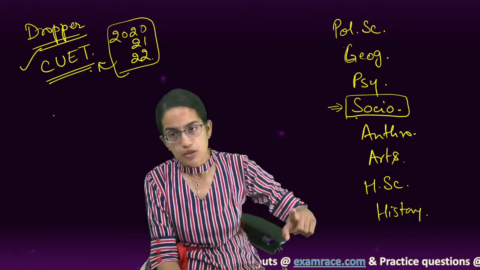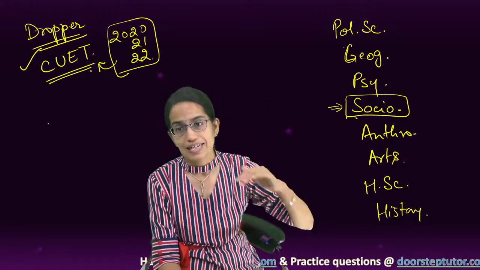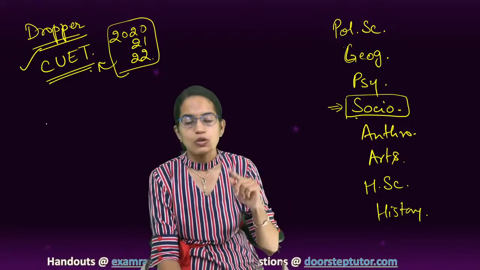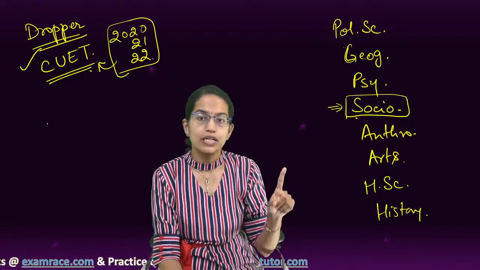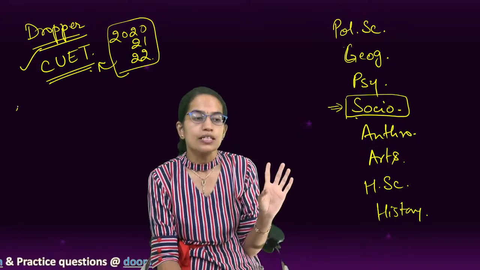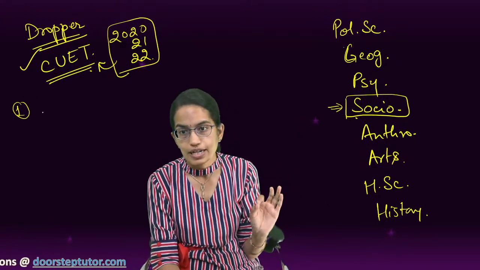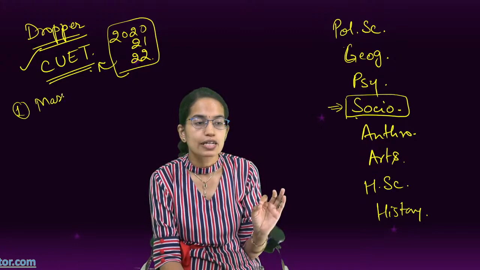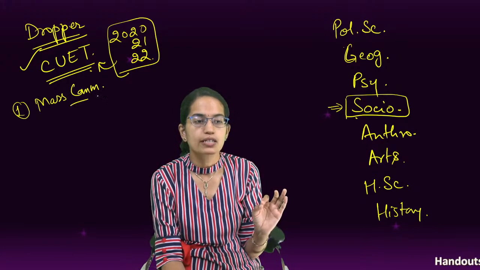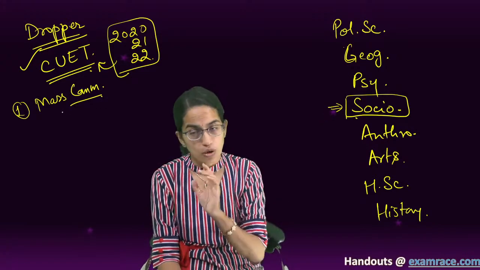And each of the universities would define their criteria. Let's say a university wants to take in a student in mass communication, then the university can lay down the guidelines that we require at least a student who has qualified the domain of mass communication.